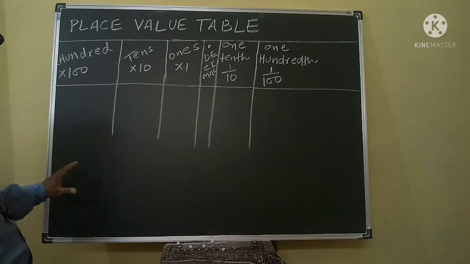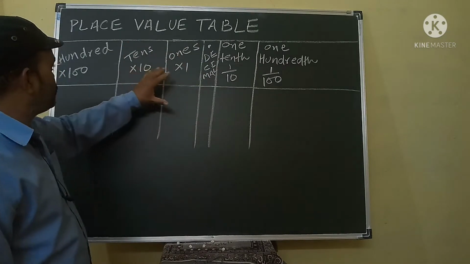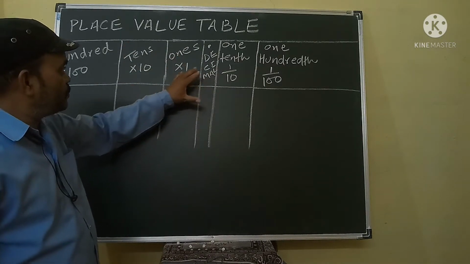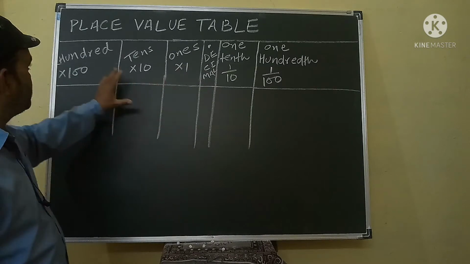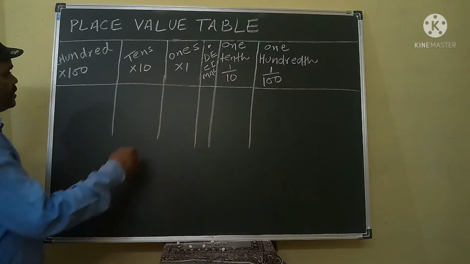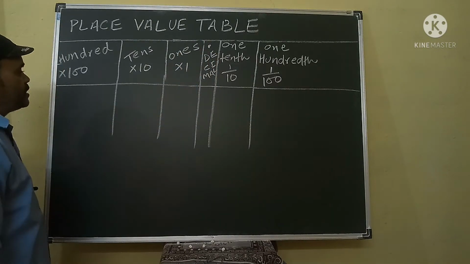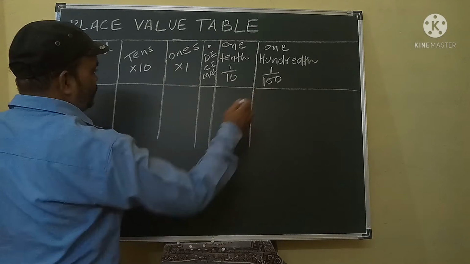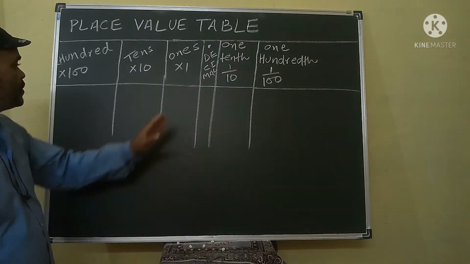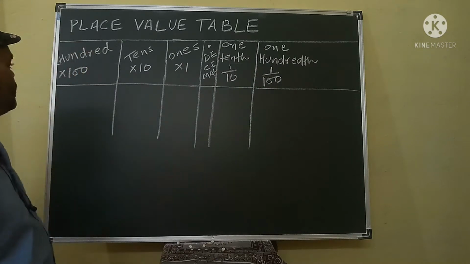Again I will explain. This is decimal point. This place value table belongs to decimal number. This decimal point divides this blackboard into two parts. This is left part and this is right part.